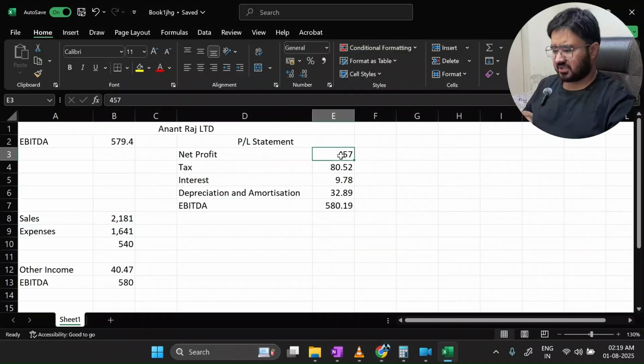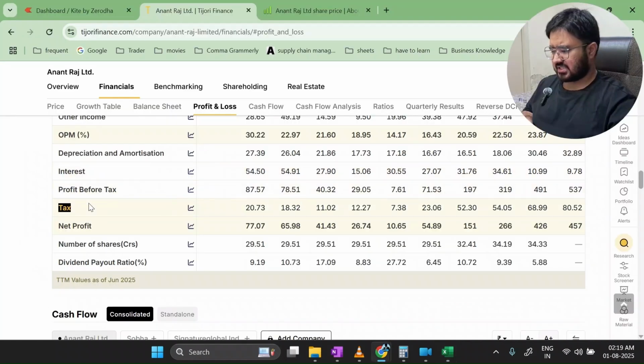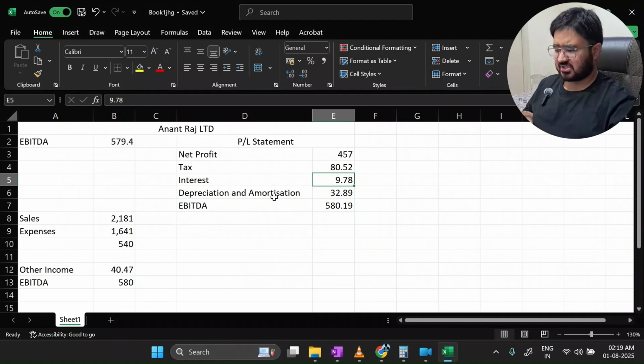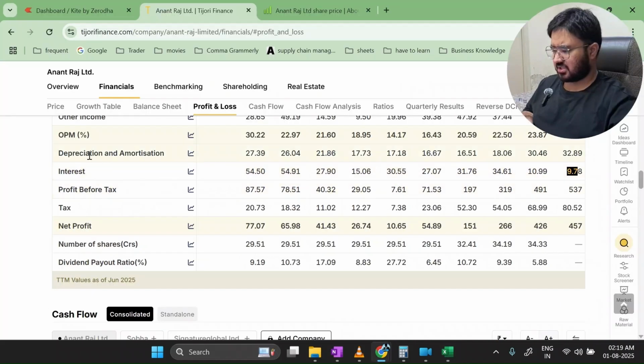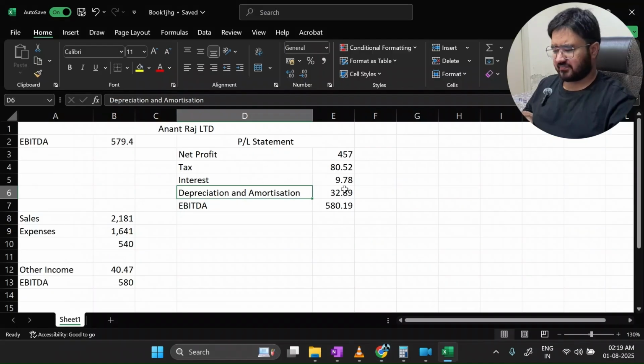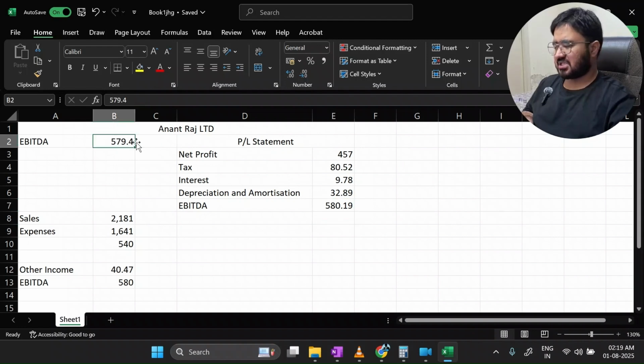Tax is 80. Interest is 9.78. Depreciation amortization figure is 32.89. Okay, simple sum, add all of this, 580, which matches exactly what is given on the screen.